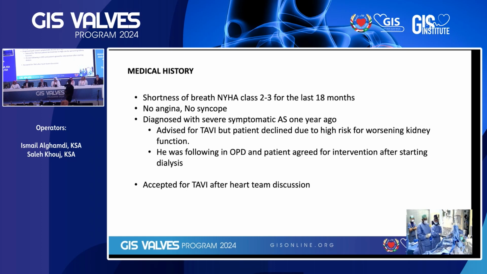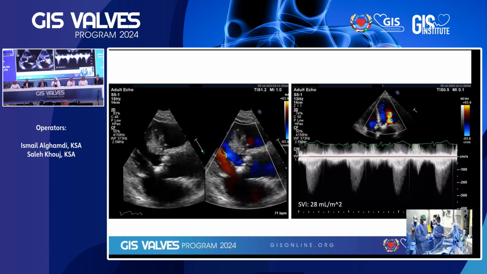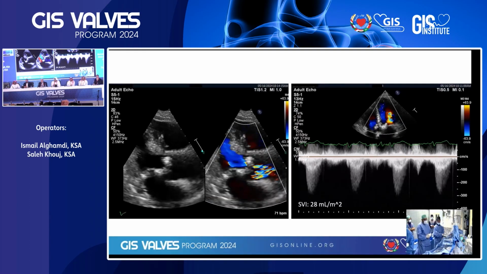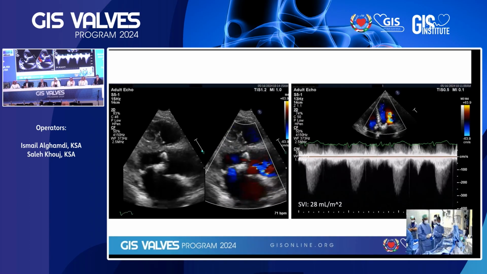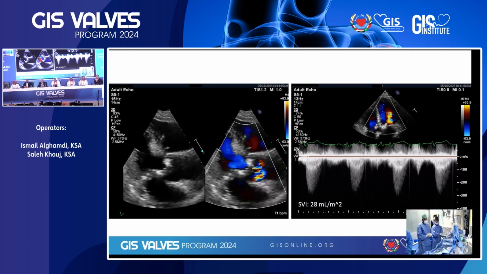He was accepted for TAVI after heart team discussion. Next. This is his ECG showing sinus rhythm with narrow QRS complex and normal PR interval. Next. This is the parasternal long axis view showing a calcified aortic valve with accelerated flow, and the velocity is 3.